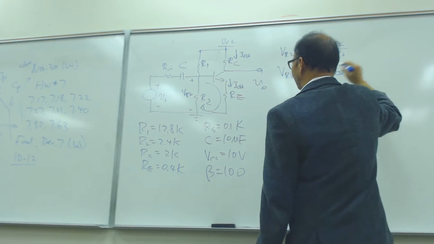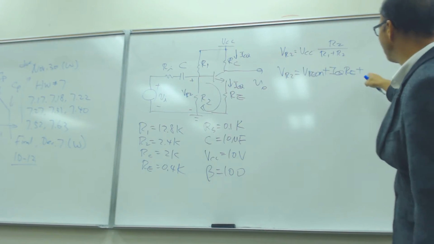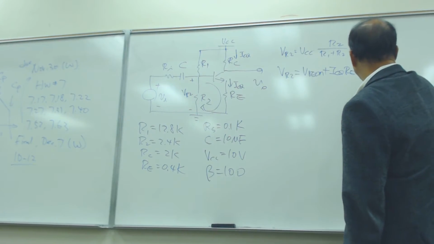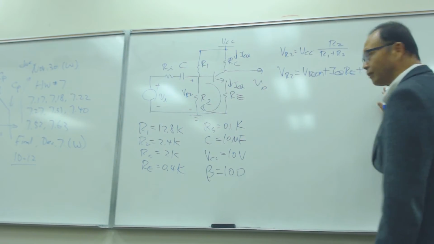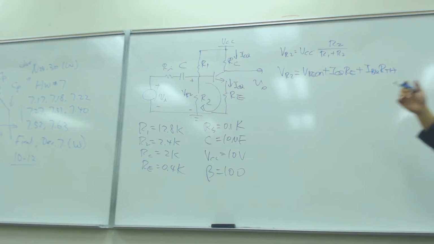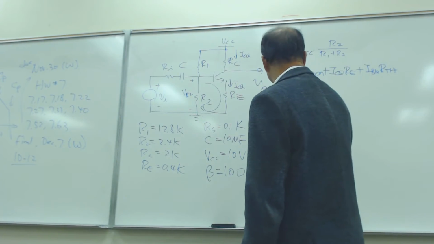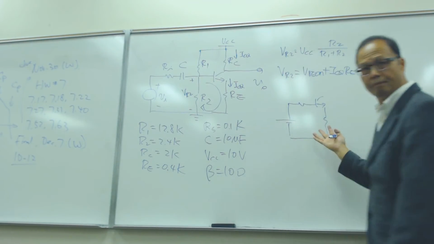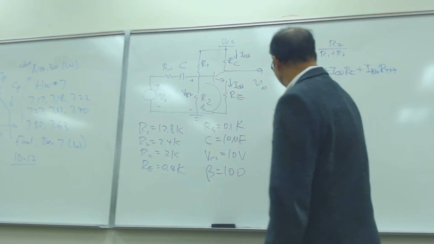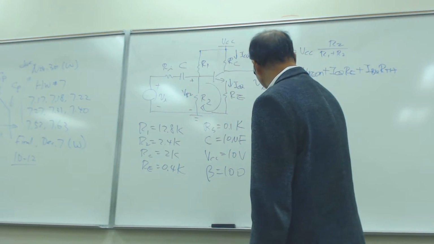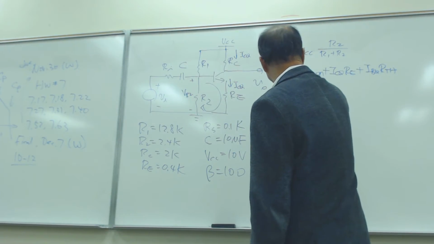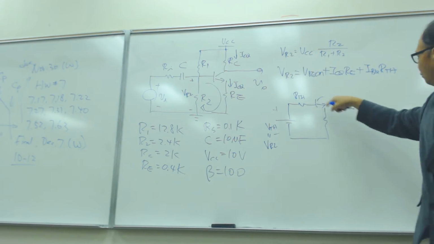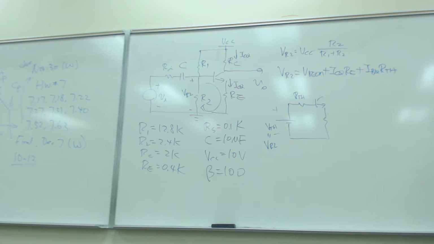But I think I need to add one more term: IBQ times R7. Remember, because in the DC analysis, this is what you have. This is called V7, which is the same as VR2, correct? This is R7. So you go around the loop, that's what you have.